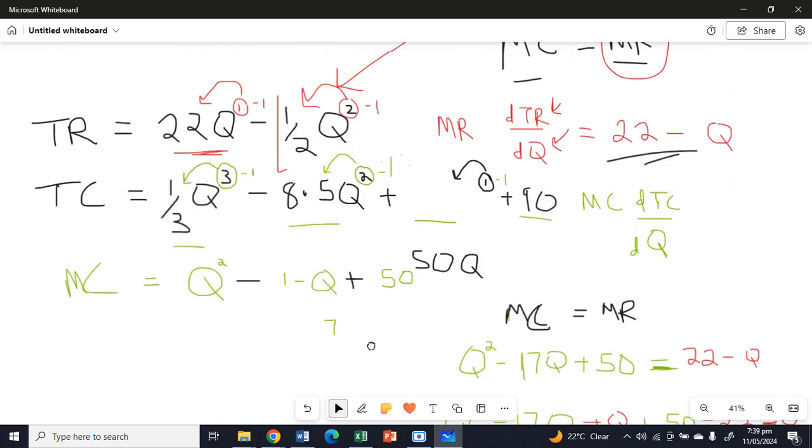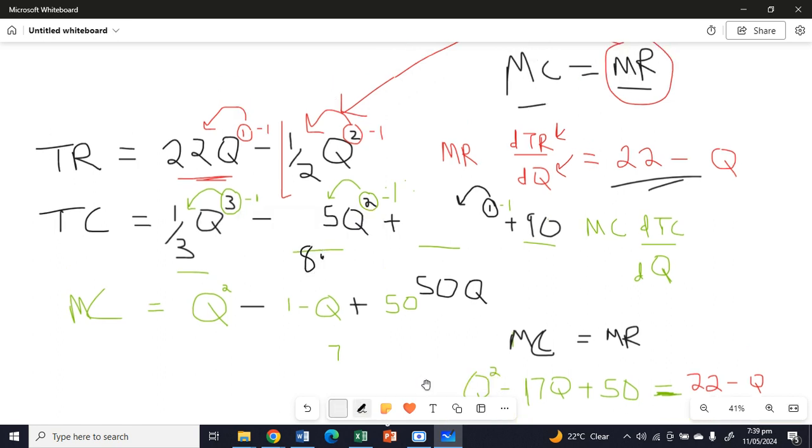So, colleagues, in the total revenue function, which is 22q minus half q squared, if we substitute 14 in there, what do we get? In this total revenue function, if you substitute q with 14, what do we get as our total revenue?